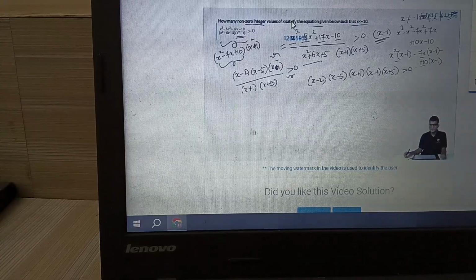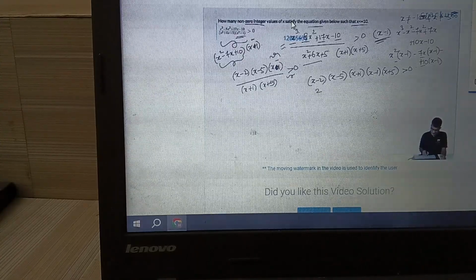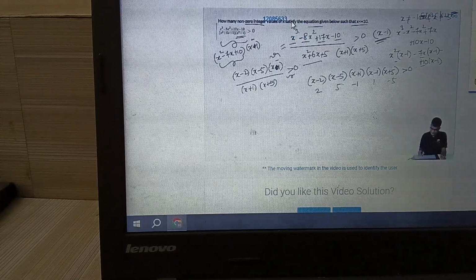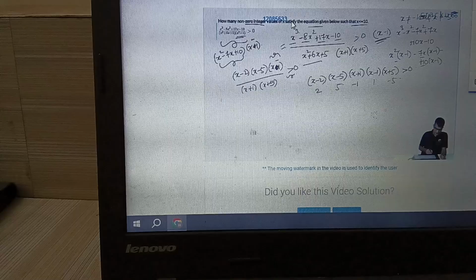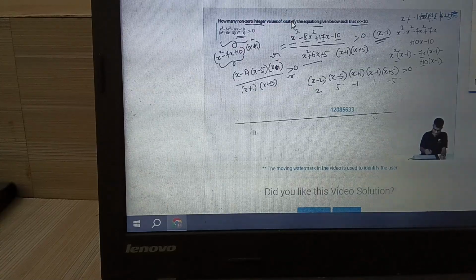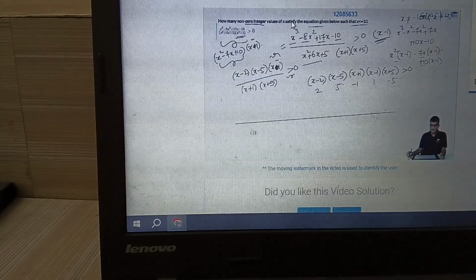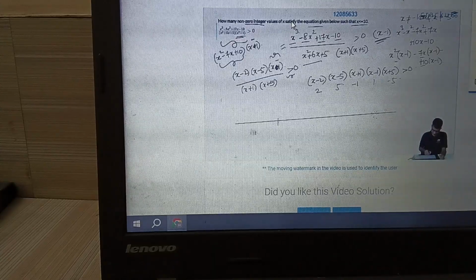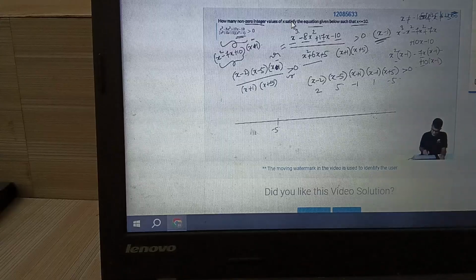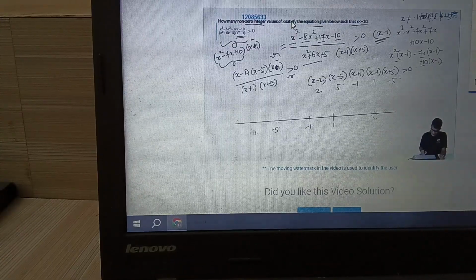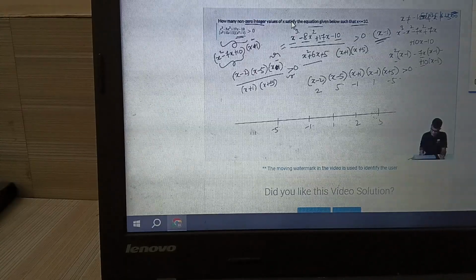What are the inflection points for this product? The inflection points are 2, 5, minus 1, 1 and minus 5. So now if you are looking at the number line and writing down all the inflection points, the smallest is minus 5, the next one is minus 1, next is 1, next is 2, then 5.